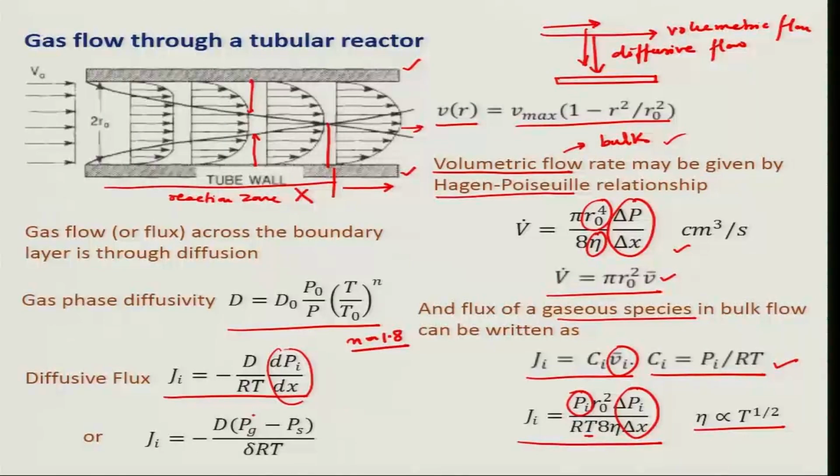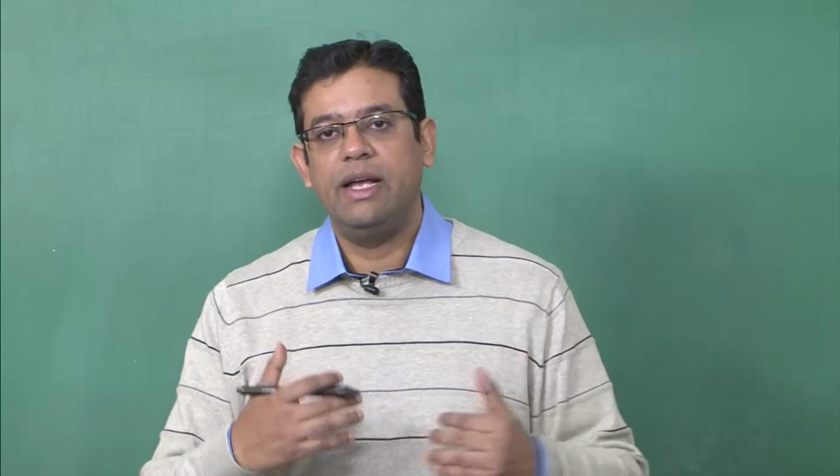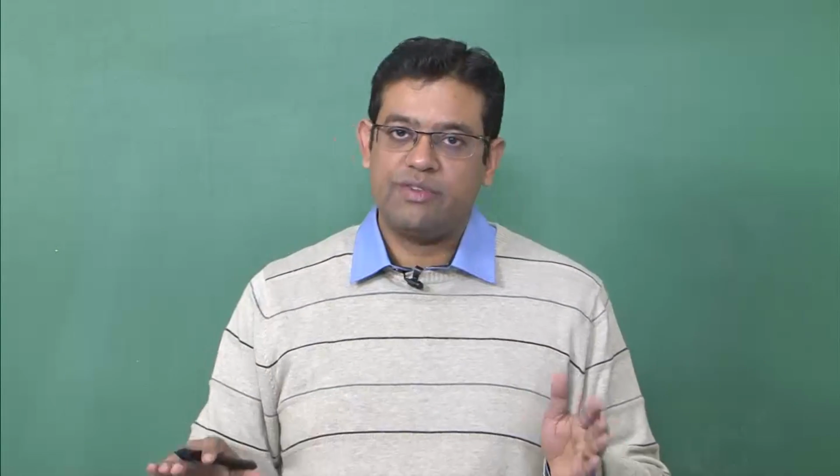And this is the partial pressure of the constituent in the gas or in bulk, and this is on the substrate, okay. So, suppose I take an example of reduction of silane as my thin film deposition process for deposition of silicon film.